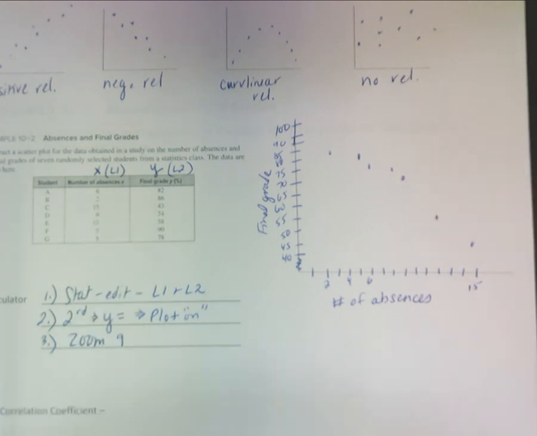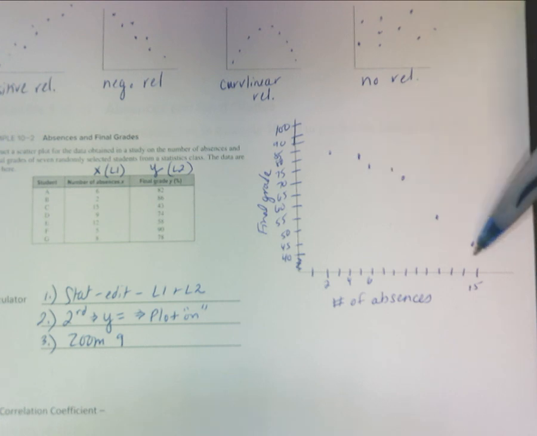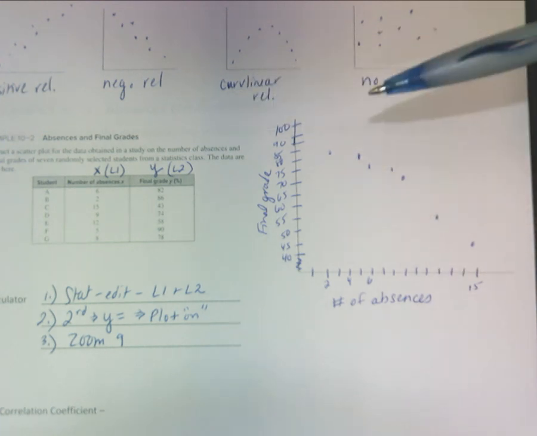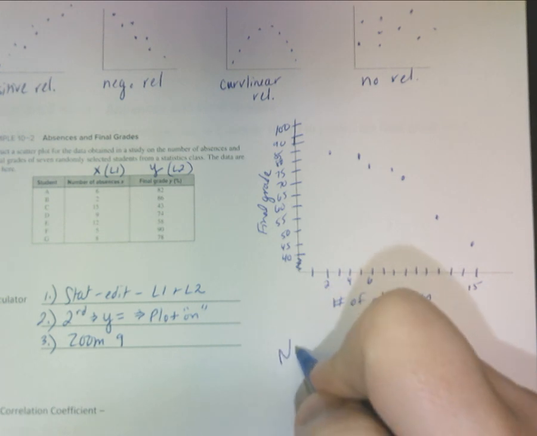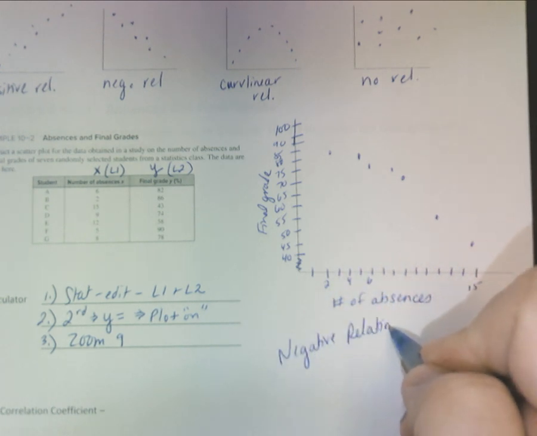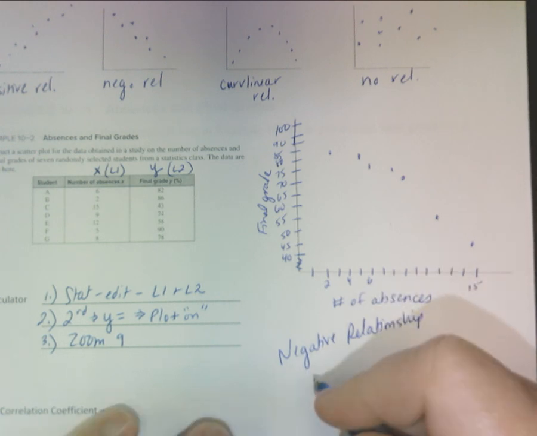Something like that, okay? So what does that show me here? That shows me that they all tend to be going down. There's a negative relationship here out of the 7 students that I chose. Meaning what?